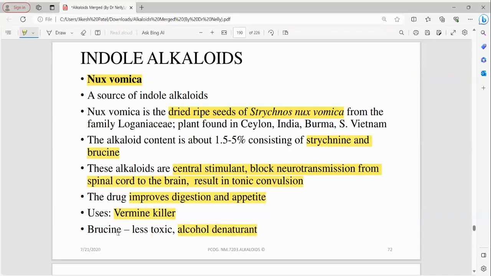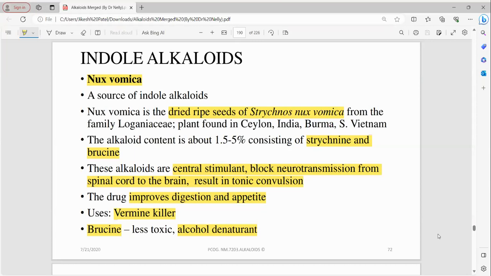It stimulates the CNS, but also blocks transmission between the brain and the spinal cord, which can result in tonic convulsions. In the olden days, hunters and fighters in intertribal fights used to lace their arrows with this poison.